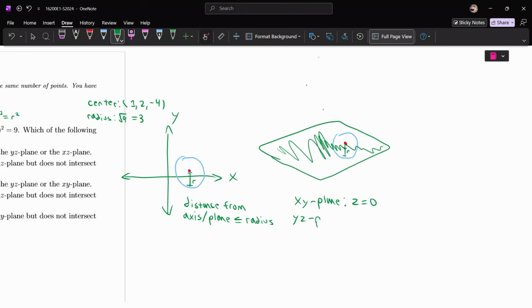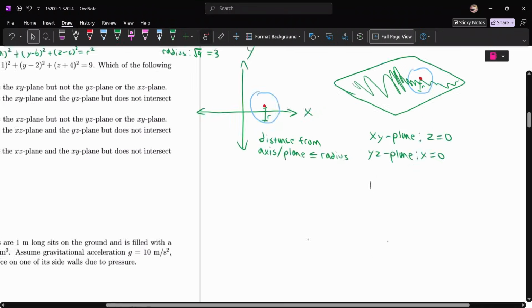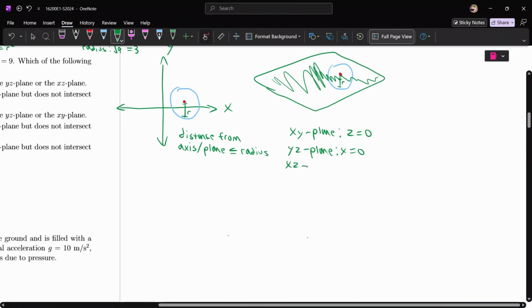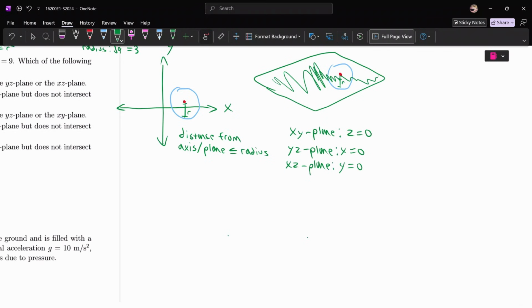A yz plane corresponds to the x coordinate being equal to 0. And then a zx plane, or an xz plane, corresponds to y being 0.